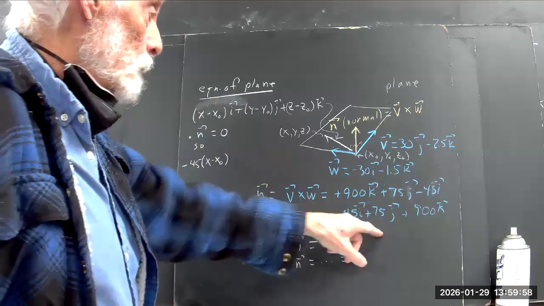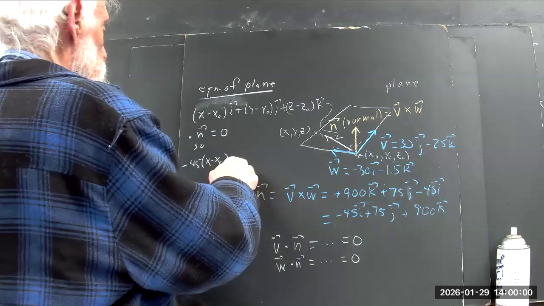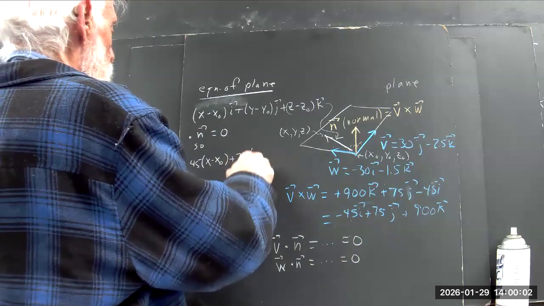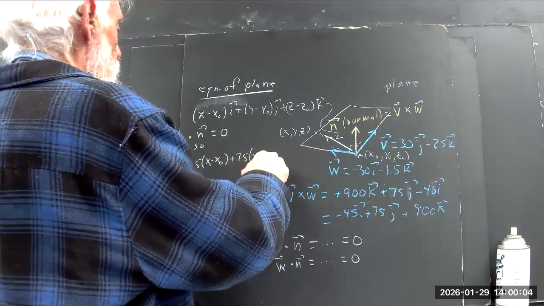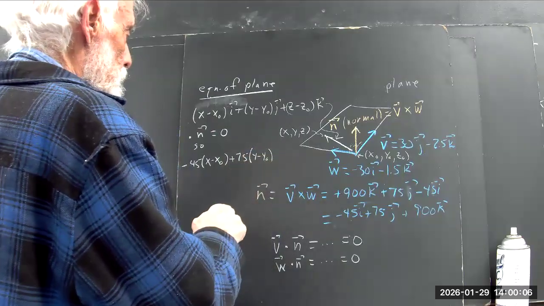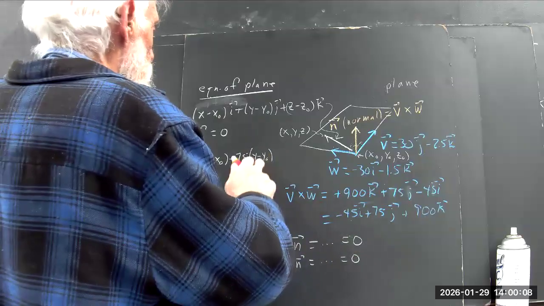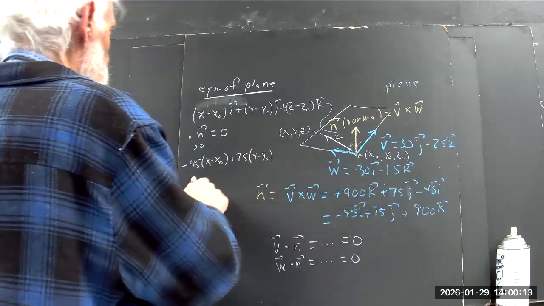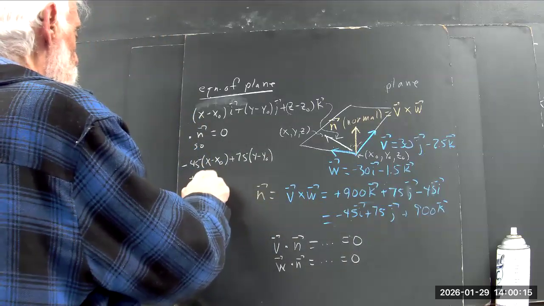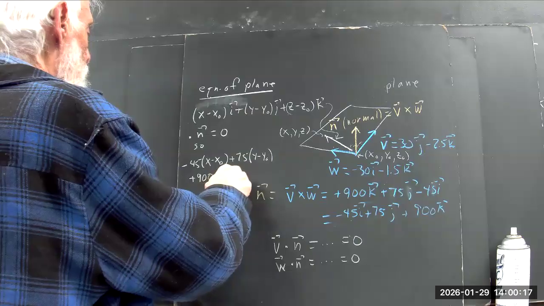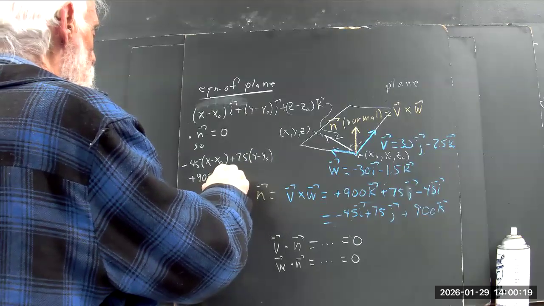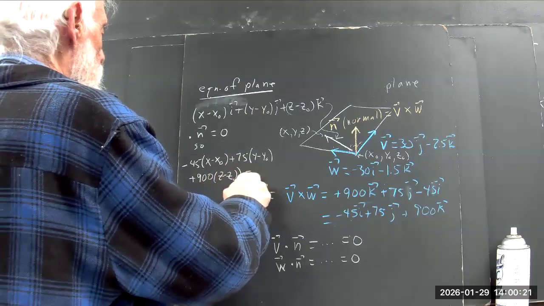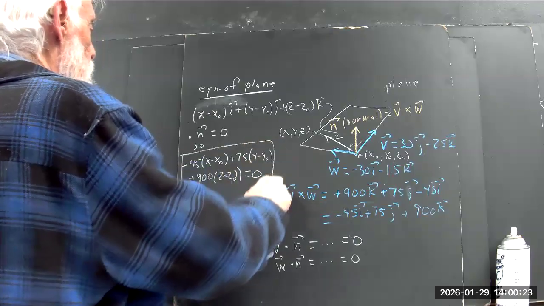J component times J component, and I'm going to have to kind of wrap here. And then Z minus Z naught, the K component times the K component. This equals zero.